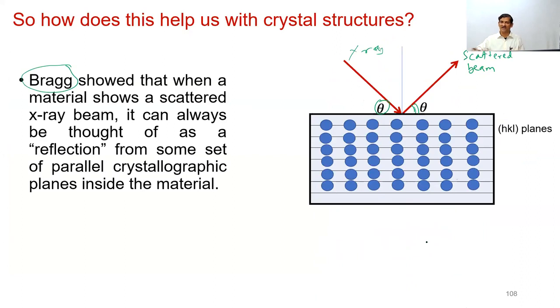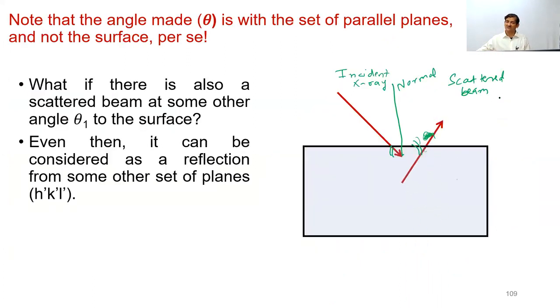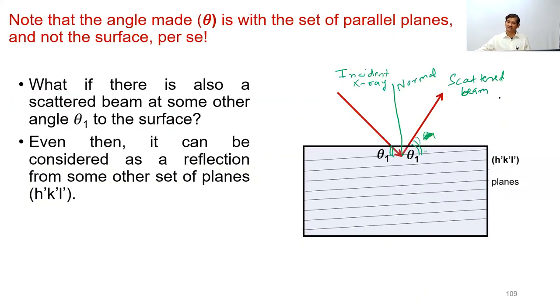For example, we had here one sample or one grain. Suppose this is a sample where we have one set of HKL planes which are all parallel to the surface. Now there is another set of HKL planes in the same material. Suppose this H prime, K prime, L prime is a different set of planes in the same crystal, but naturally that won't make the same angle with this surface because the crystallographic orientation is different.